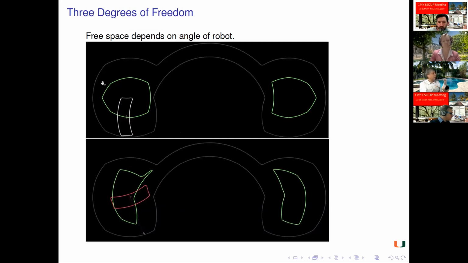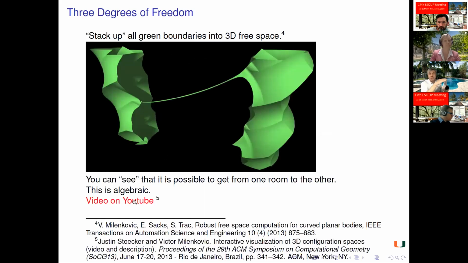So what we can do is stack up all these green shapes and get that shape. That is all the green shapes for all the orientations of the robot stacked up into the third dimension, and this is continuous in angle. So this is definitely algebraic. These are algebraic surfaces.